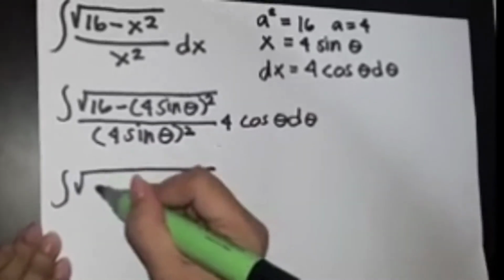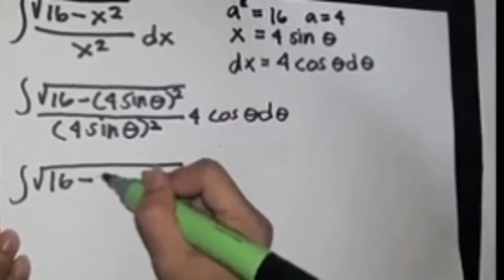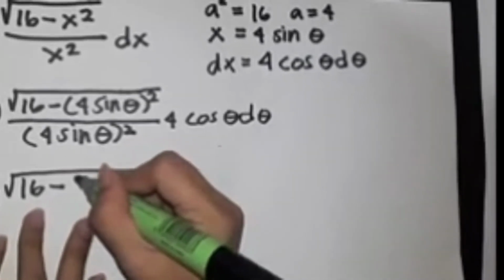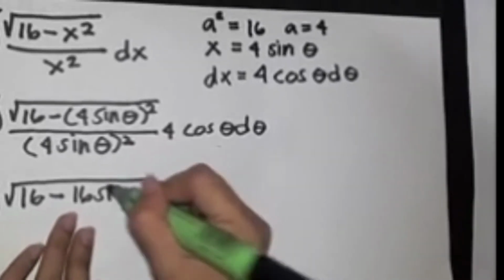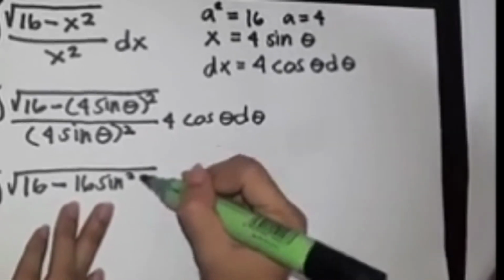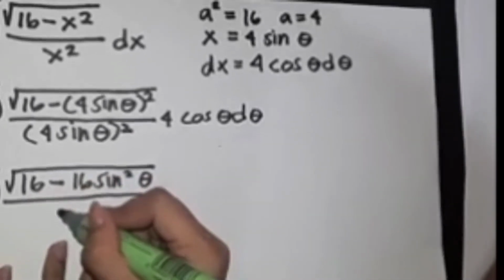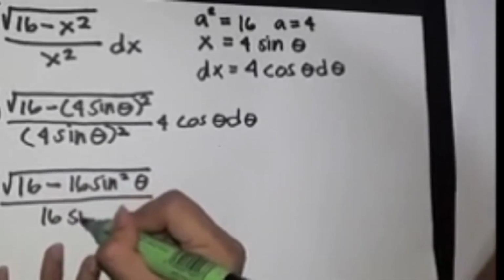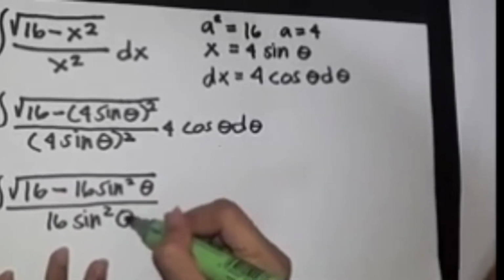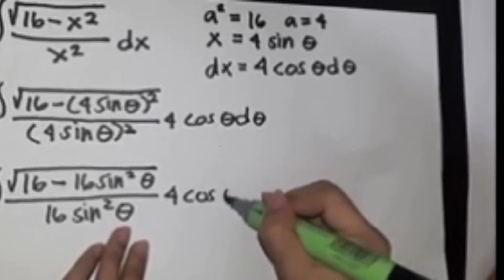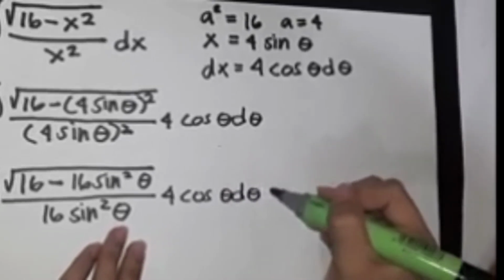We can simplify this expression into square root of 16 minus 4 times 4, which is equal to 16 sine squared theta, over 16 sine squared theta. And our dx is 4 cos theta d theta.